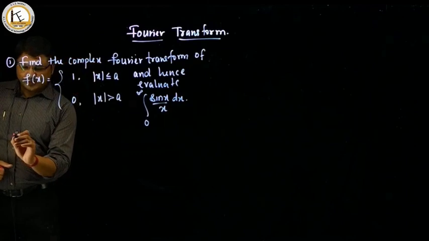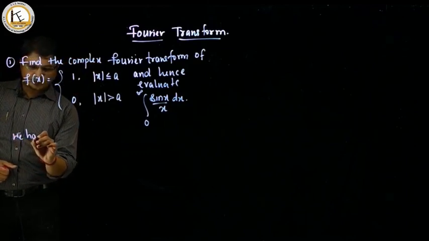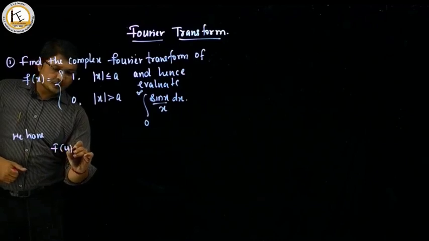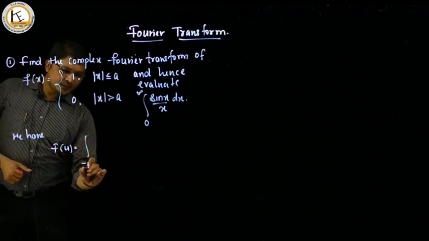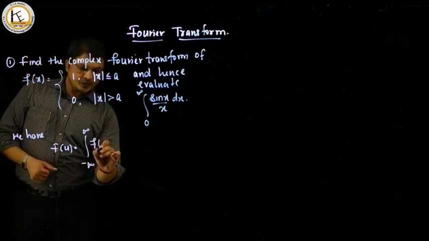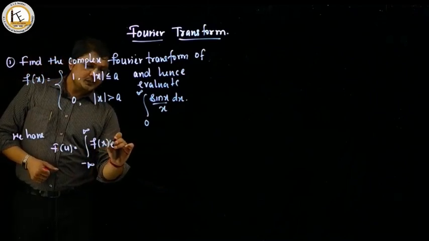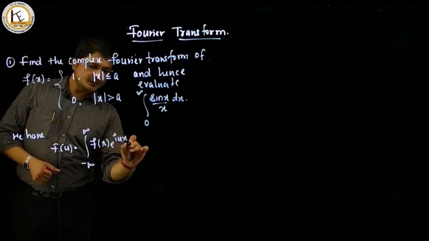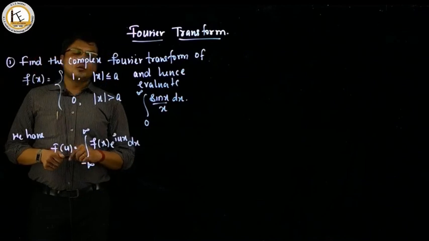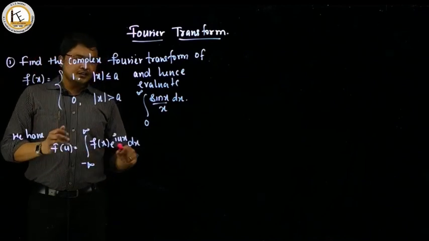We have a mathematical form of a Fourier transform, that is f of u is equal to integral between minus infinity to plus infinity f of x into e raised to i u x with respect to x. This is the Fourier transform of the given function f of x.